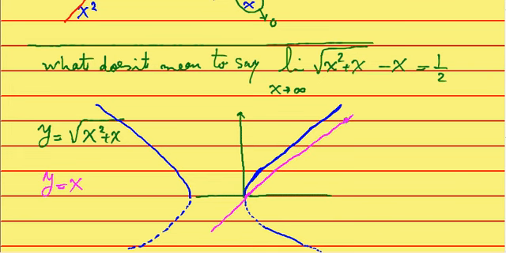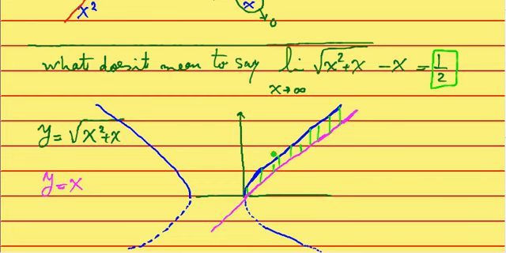What we are claiming is that the distance between these two, the difference, this distance at the beginning, it's perhaps 0, and then as time goes on, this distance is going to settle down to 1/2. These two curves are going to travel in a way, you could say, parallel to each other. Their distance is going to be 1/2.